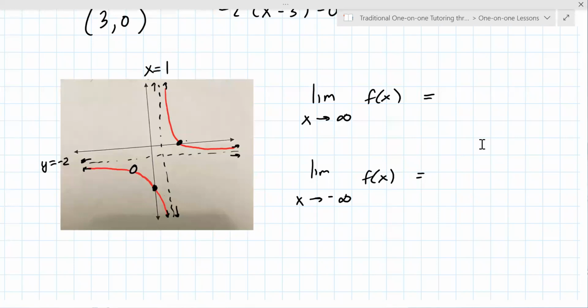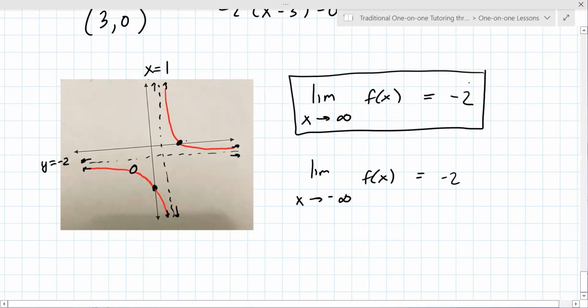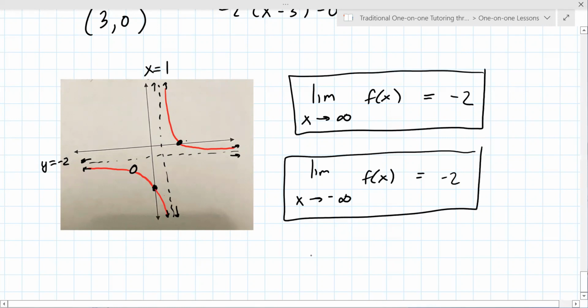It would be as x approaches infinity, y approaches -2, and as x approaches negative infinity, y approaches -2. Yes. Now, the instructor, I believe, is expecting this, because it says limit notation.